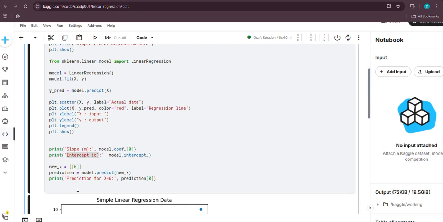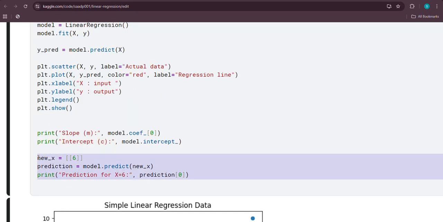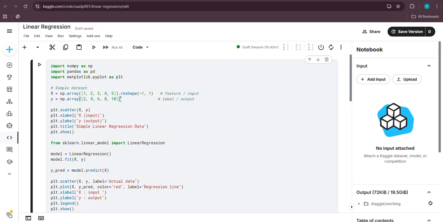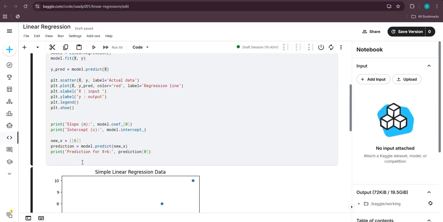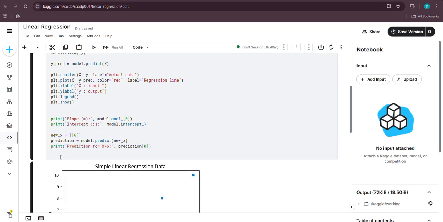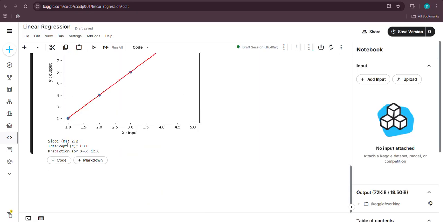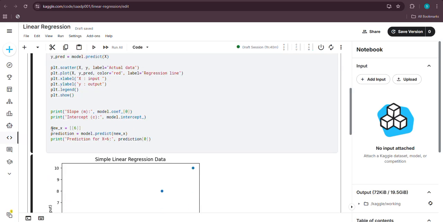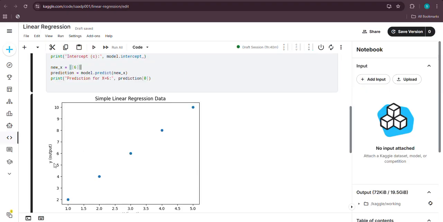Now all this data is our training data, and now I'm testing my model using some new data. Here we have our m and our c. m means our slope and c means our intercept, just like weight and bias. Then I am using new values. For this example, let's consider new x is equal to 6. Then what will be the value of y?